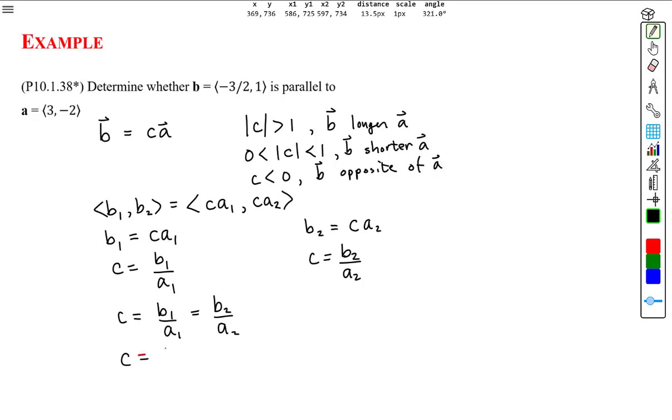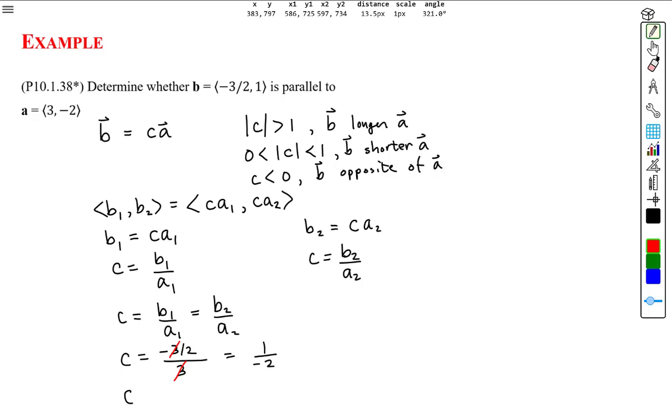So the x component of vector B is equal to minus 3/2. The x component of vector A is equal to 3. The y component of vector B is equal to 1. The y component of vector A is equal to minus 2. So let's do some simplification. On the minus 3/2 over 3, I see I could cancel out the 3.